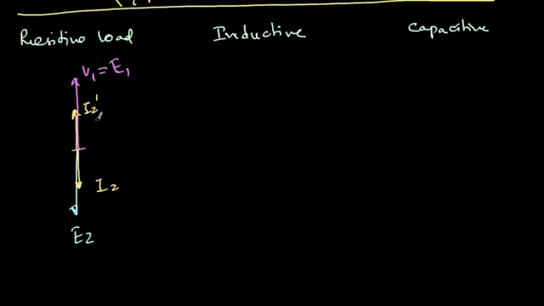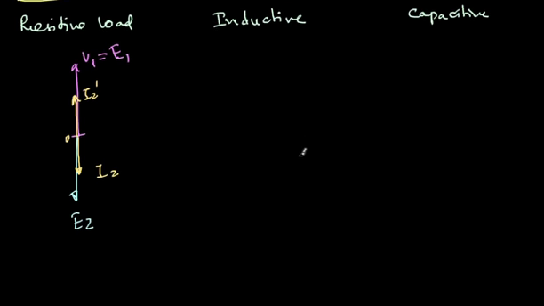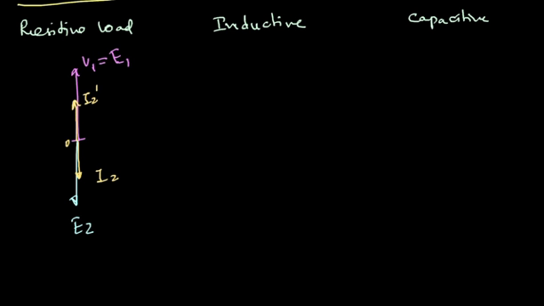So V1, I2 dash, it will be like that, and then the magnitudes and the lengths you can calculate. So this is the vector diagram under resistive load, neglecting I naught. I naught is typically only around 1 to 2% of full load current. So we can afford to neglect it sometimes, or at least here just for understanding.